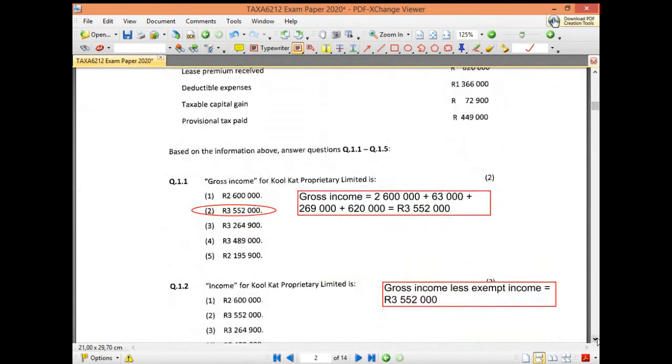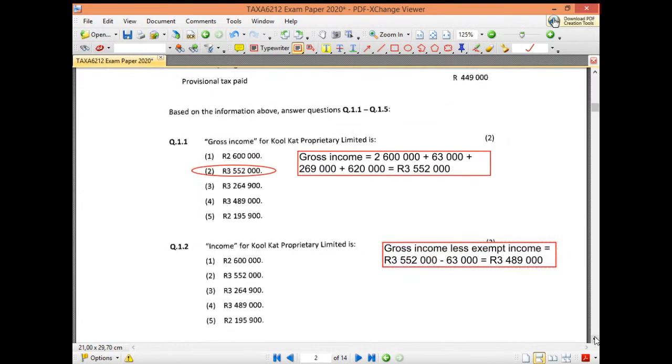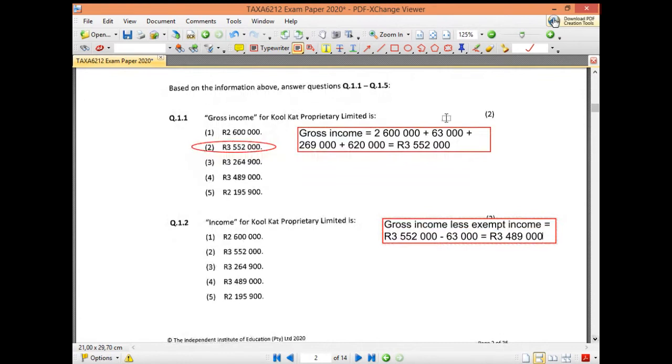So we will only deduct that 63,000. If you take that off, you should get to an amount of 3,489,000, and that is number 4.